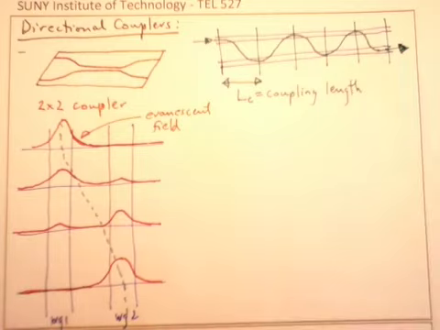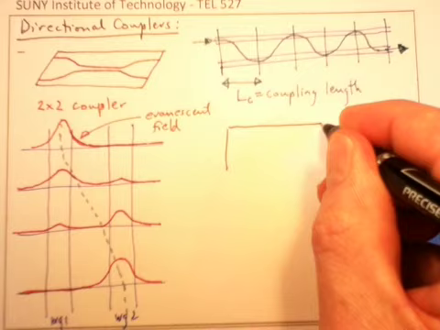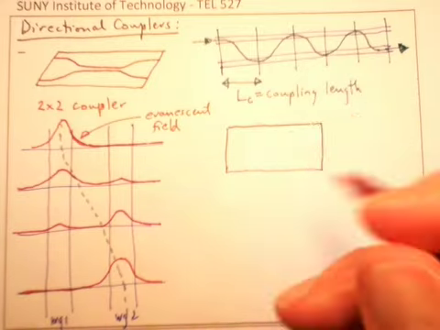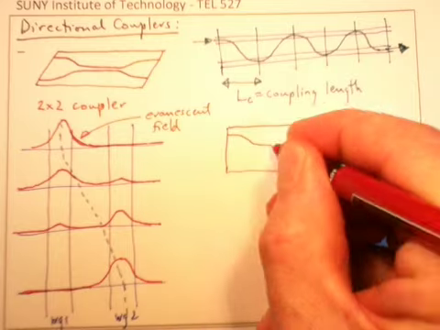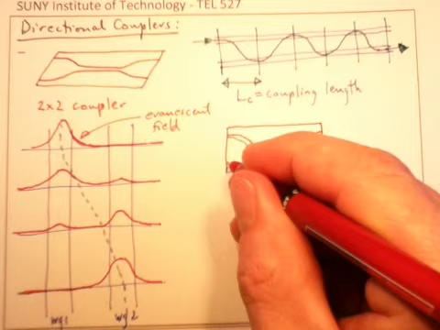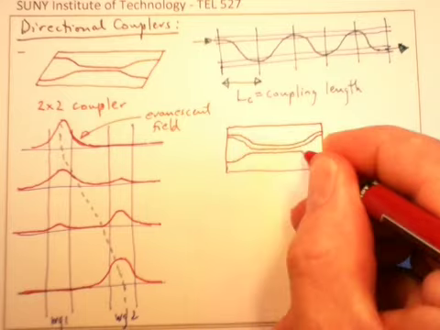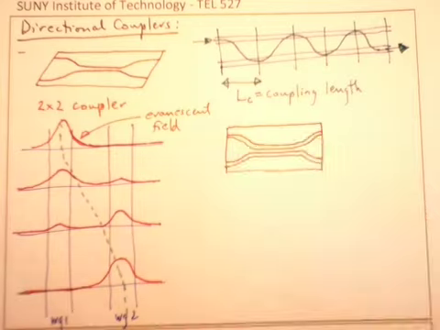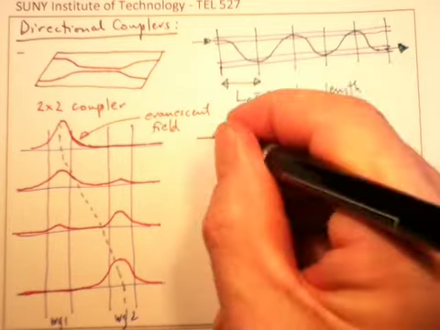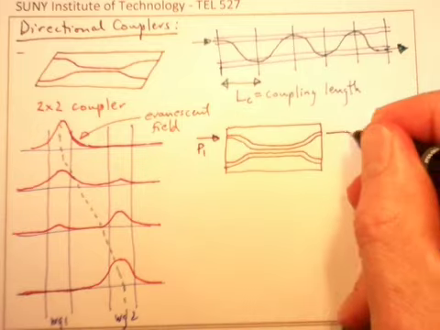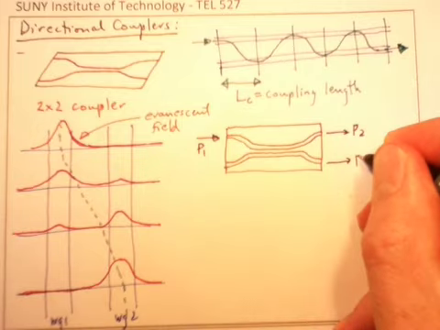And so let me draw my coupler again in schematic and label it a little bit. Here's my waveguides. Here's the top waveguide. Here's the bottom waveguide. And I'm going to call this input power P1. I'm going to call this output power P2. And I'm going to call this output power P3.